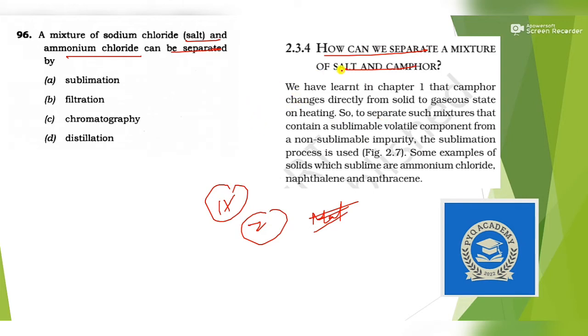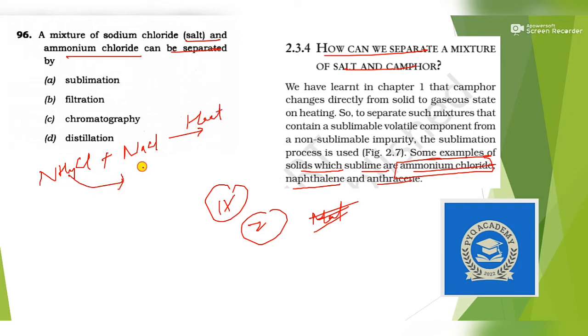Examples of solids which can sublimate are ammonium chloride, naphthalene balls, and anthracene. In a mixture of NH4Cl and NaCl, if you heat it, the ammonium chloride will sublimate, so we can easily separate it by the process of sublimation.